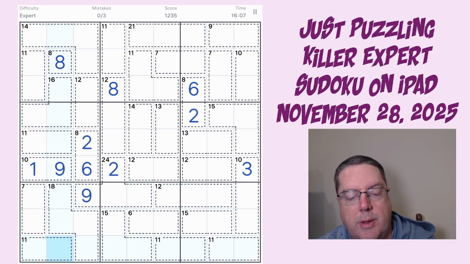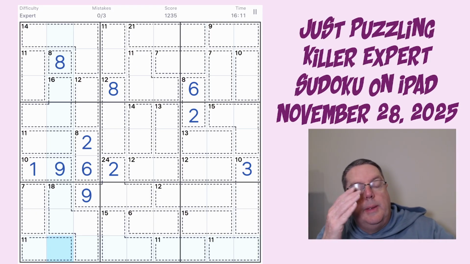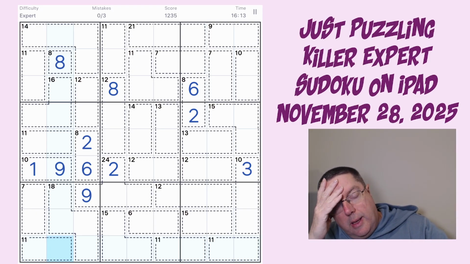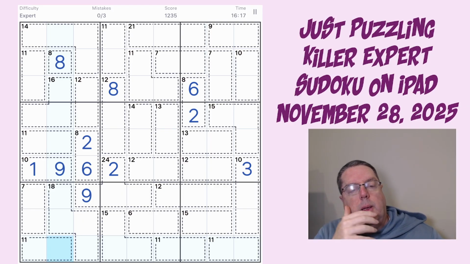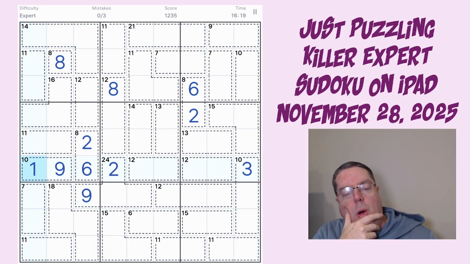So 5 and 6 here. 3 and 4 there. Which would mean that would have to be... so if this is 3, 4, 1, which is the numbers that I need in here, that has to be a 6. Okay.